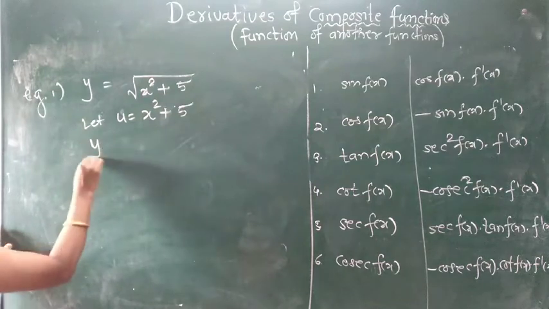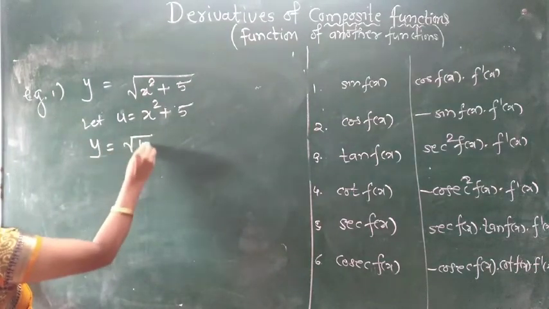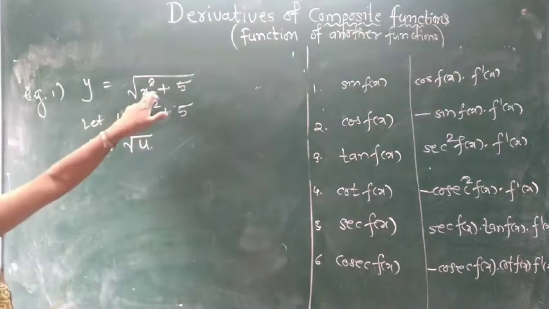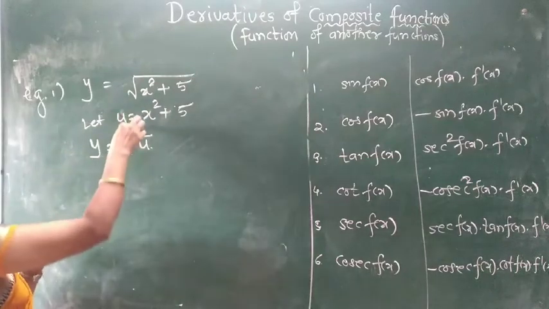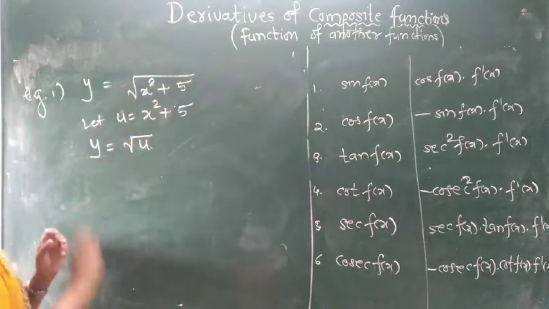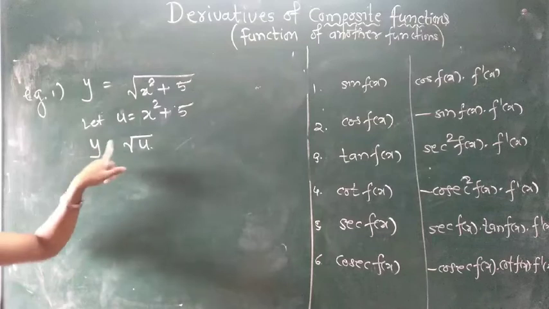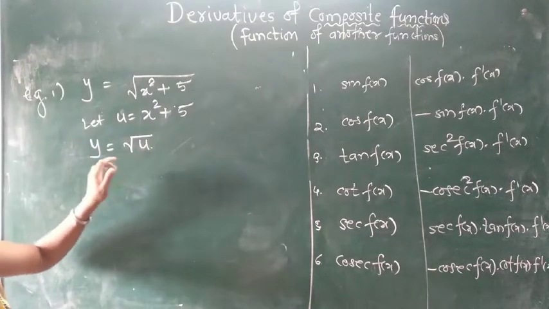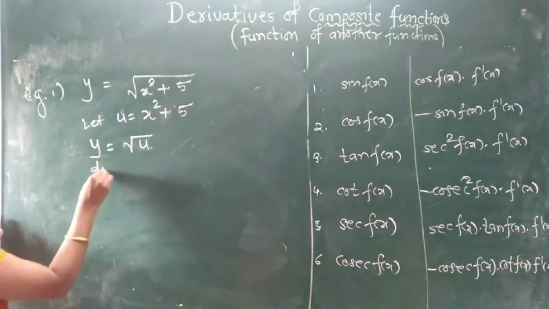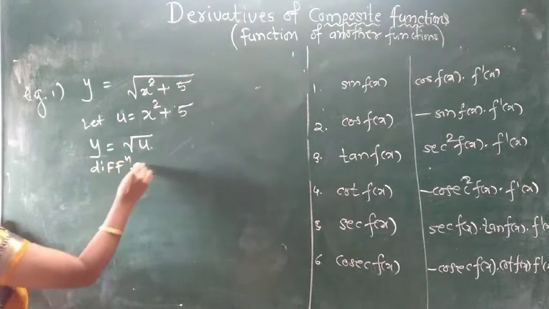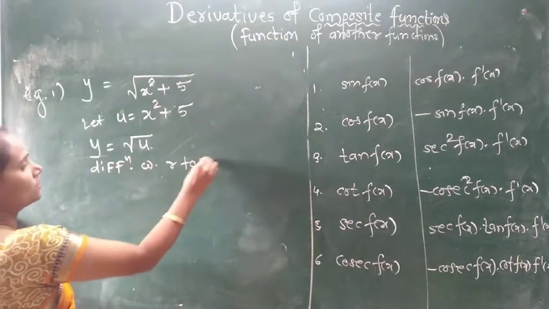So this y becomes root u, because this term is considered u. So now y is a differentiable function of u, so differentiate with respect to u.